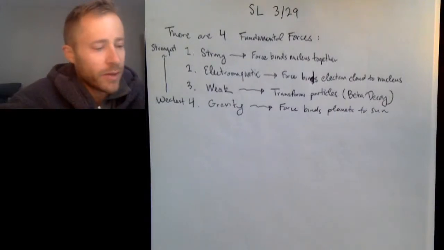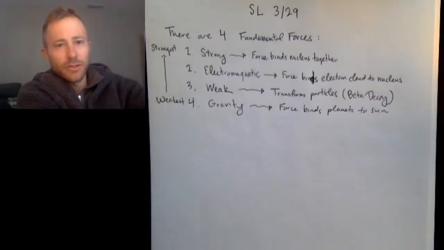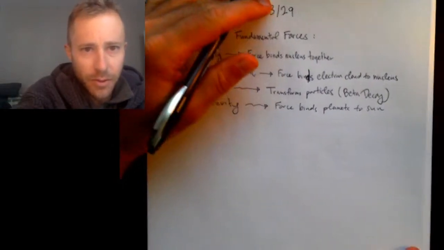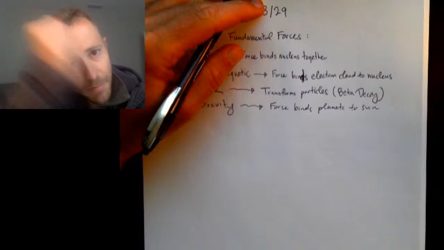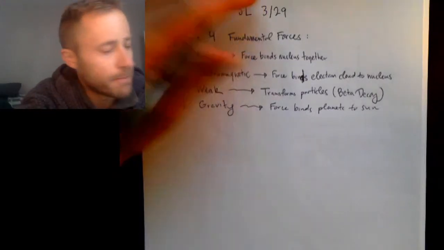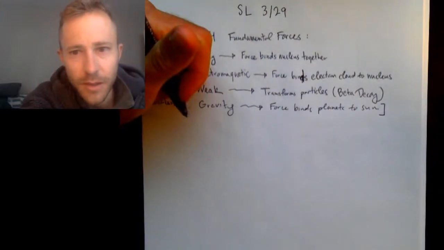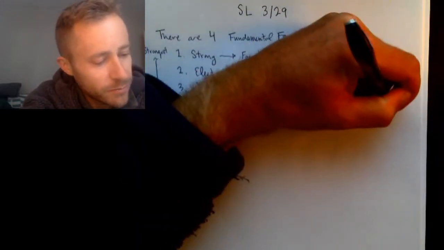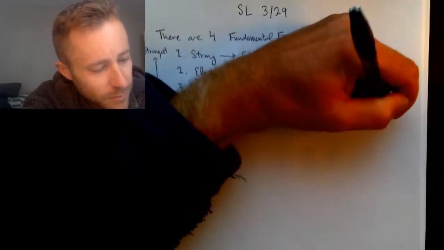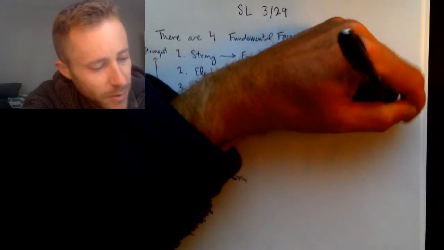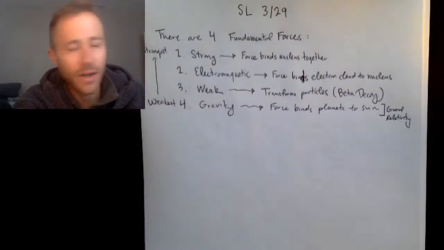So physicists have a theory. Humanity has a theory of gravity by itself. It's called general relativity. That is the theory of how gravity works.